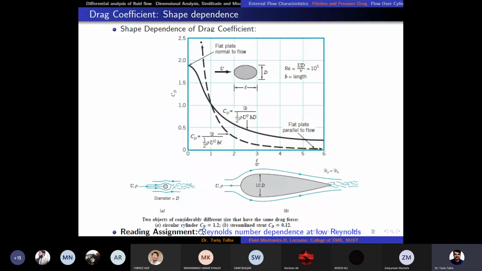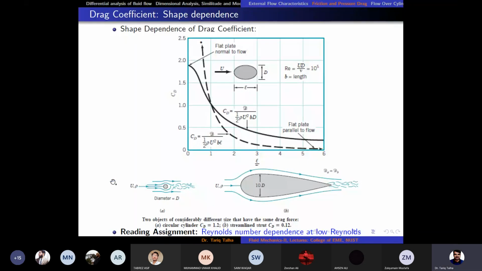But the CD value for the circular cylinder is 1.2, and for this one the CD value is 0.12. The CD value for the aerofoil is very low, but because the overall surface area is more, the drag force would be equal, right?